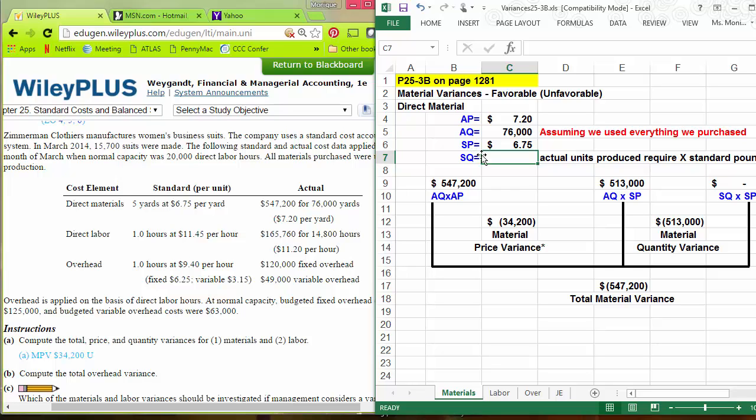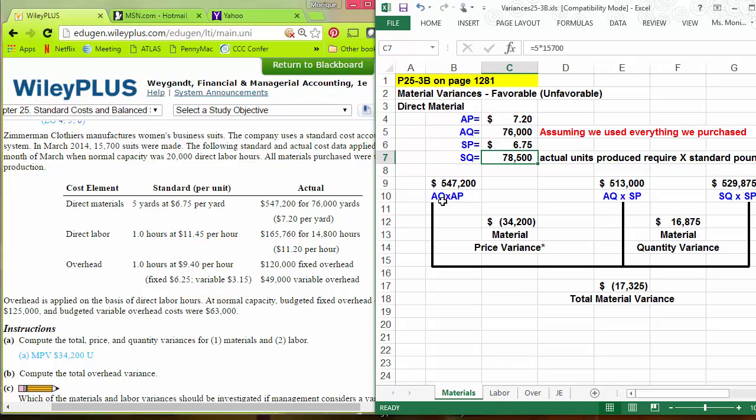So we're going to go ahead and put a formula in here. I'm just going to put in 5 times the 15,700, and that will give me my standard quantity for that many suits.